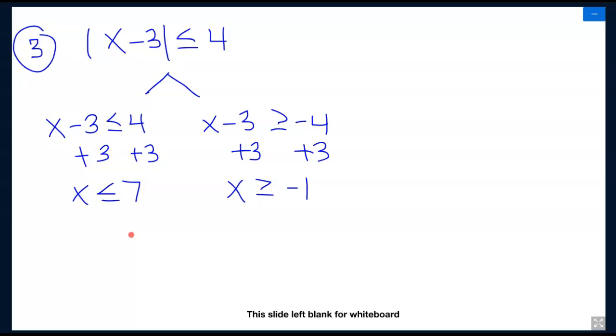So my solution set, because this is a less than or and, is from negative 1 to 7. It's brackets because it's including both endpoints.